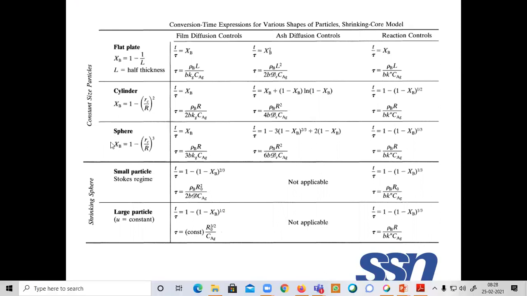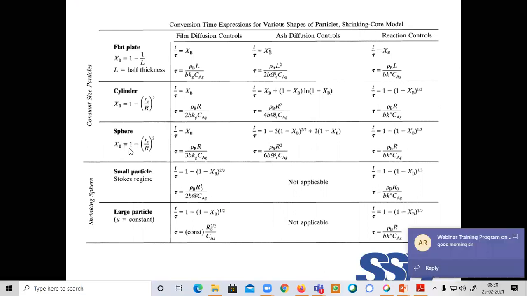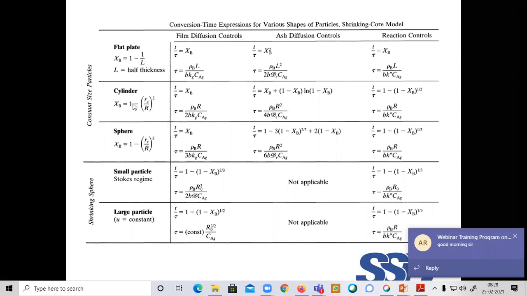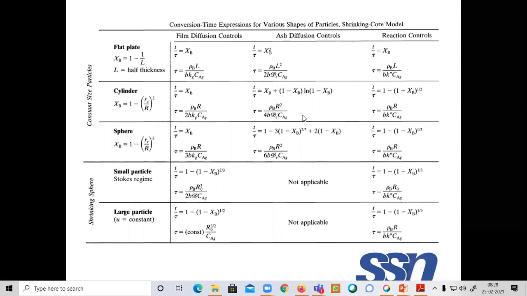If it is a constant size particle, it is like this, right? So I told you how to remember, right? For a cylinder, the volume will be 4 pi r square L, right? So based on that, the dV will change. Accordingly, the expressions also will change.